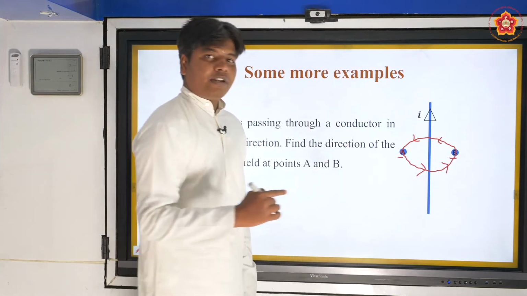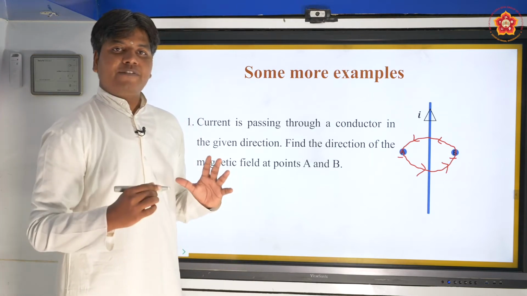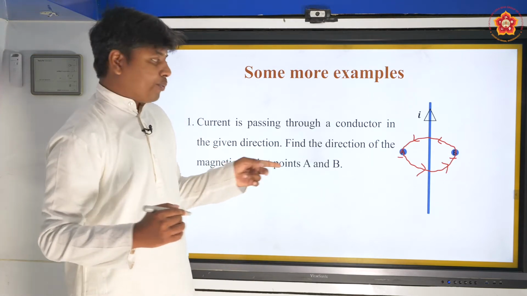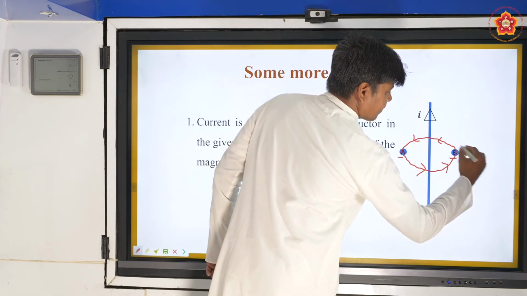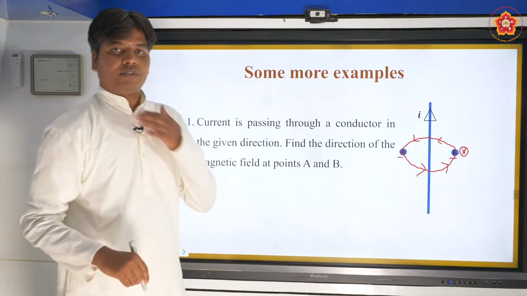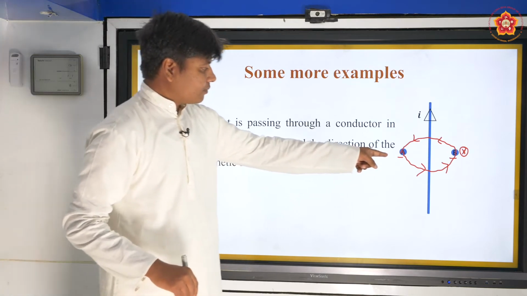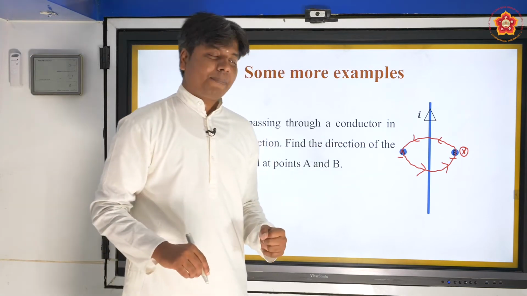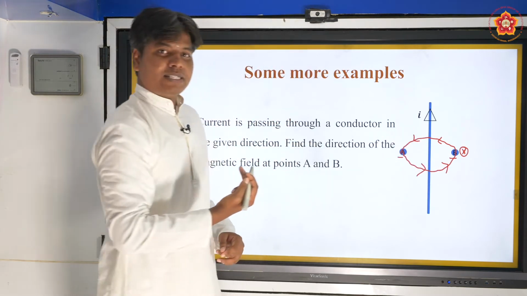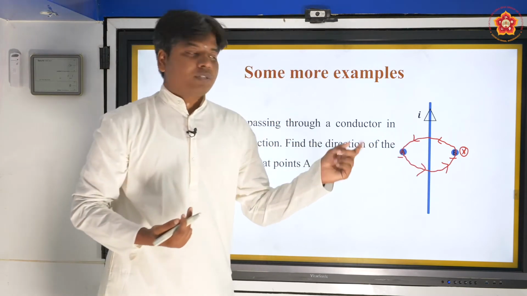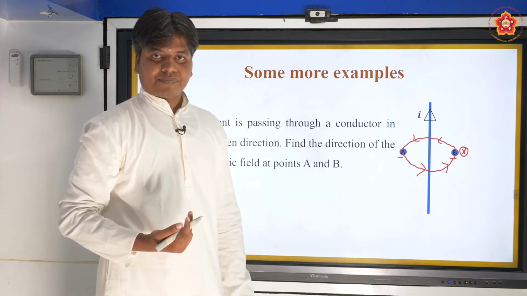So whenever the magnetic field is going inside the board, we denote it with this symbol, a cross mark with a circle around it. At A, what happens? It goes inside and makes a semicircle and comes outside through point A, right?